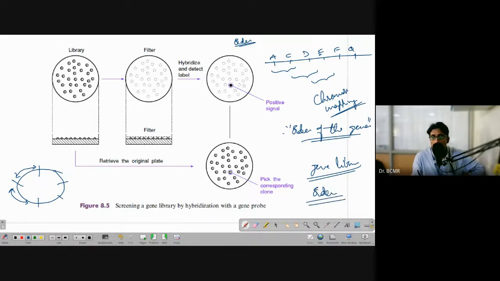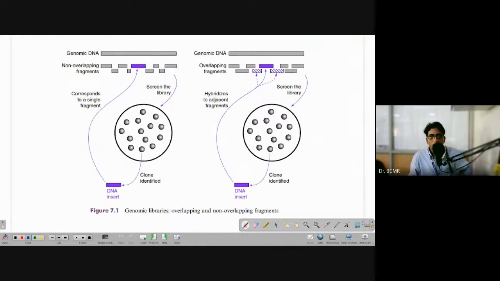Then we can put it into a proper order and have a fairly good idea about the map of the chromosome or genome. There are two types of genomic libraries. One is overlapping, and the other is non-overlapping.